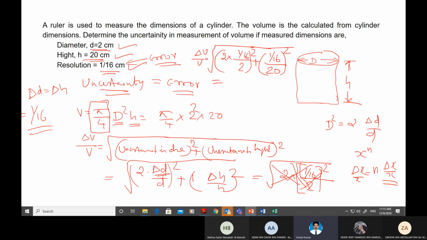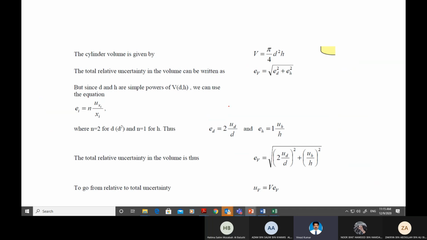Delta d is 1 over 16 divided by d. Delta h is also 1 over 16. So you will get delta v by v. Okay, clear? So if you calculate it, you get the value as you can see here. Volume is this.